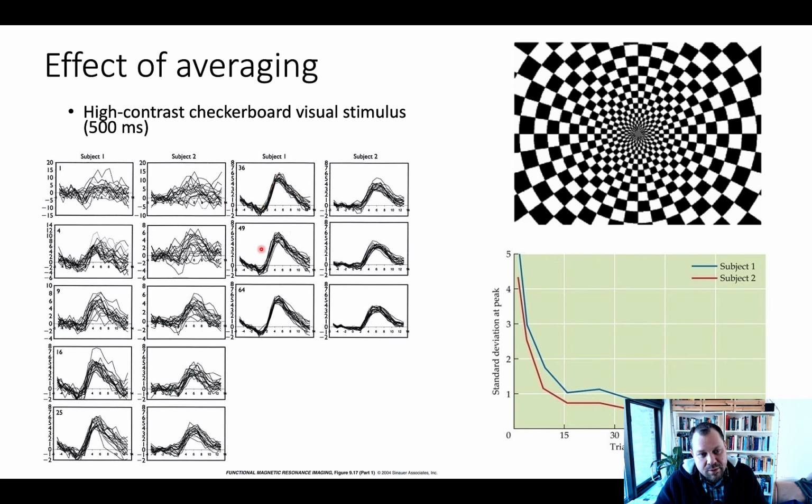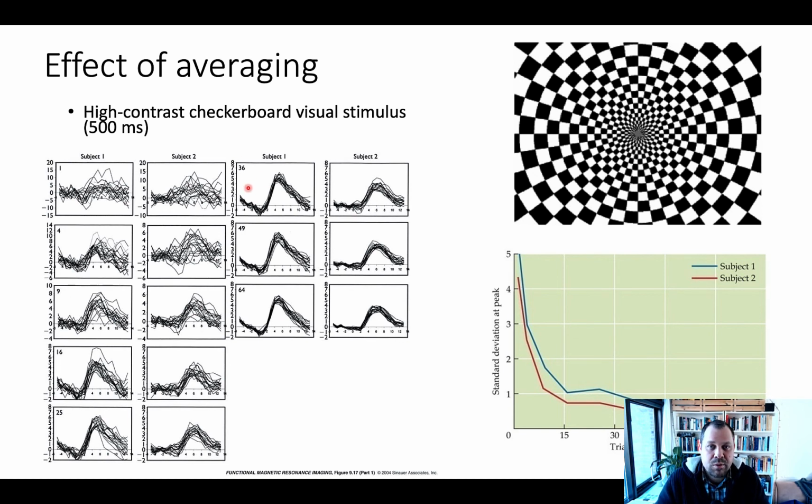So not much changes when you go to 64, although when you look at this graph here, the standard deviation still seems to decrease until about 45, 60 trials, at which point the differences across the averages no longer decrease. So at 36 trials, it looks like we're about optimal.